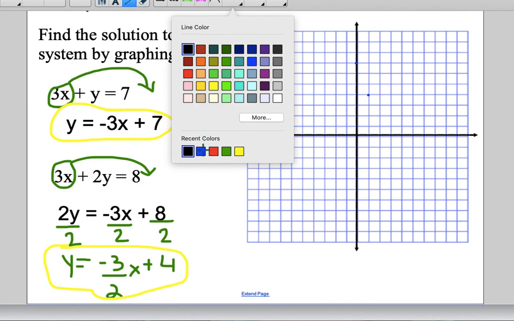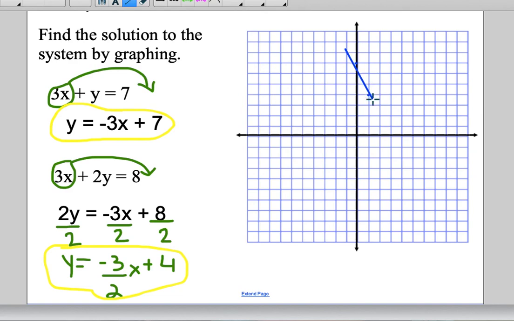Make sure I use the right color, and our line is kind of gonna go, see, undo. And I'll just kind of extend it like that.